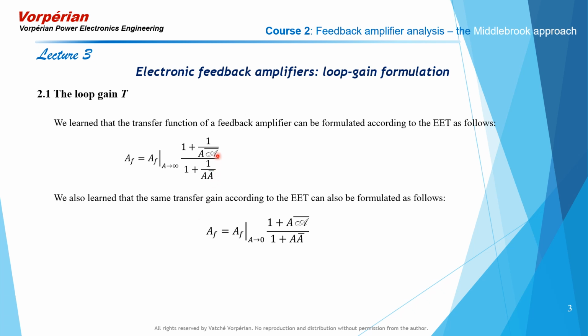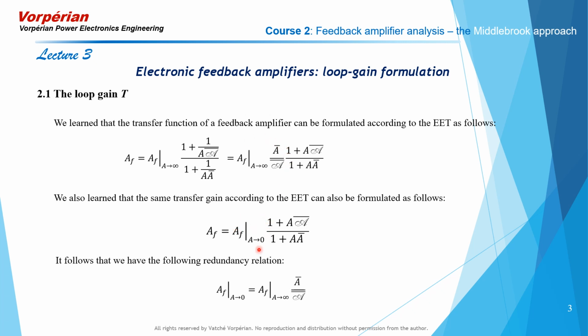Now we go back to this formula here and factor out A and A bar and obtain this expression here. Now when we compare these two, we obtain the redundancy relation that this term here must equal this term here. And then we go back here and we expand it, and we obtain this expression here.